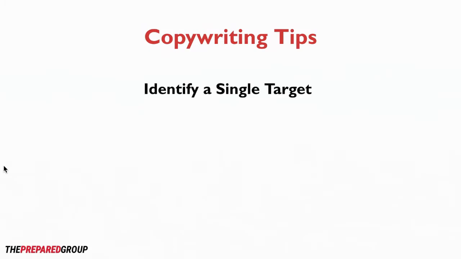Let's talk about a few copywriting tips. And here is a biggie. And this is one that if you have ever sat in on a training that either Ken or I have done, or you have done a consultation with Ken, you'll know that one of the things that we really want our clients to try to do, and we've done this in our own business, is identify a single target to whom you are marketing.